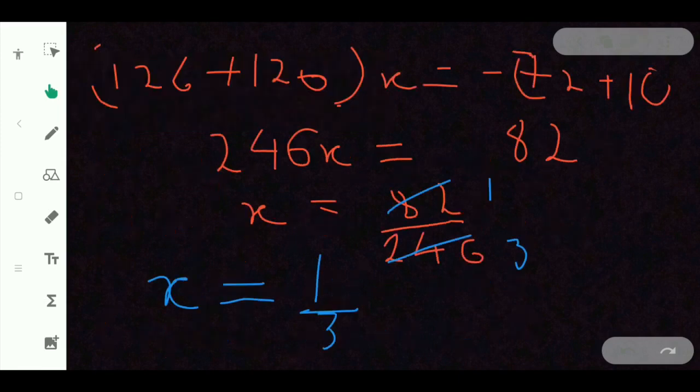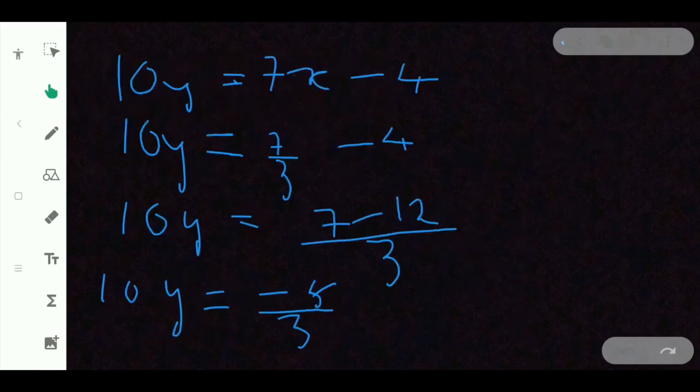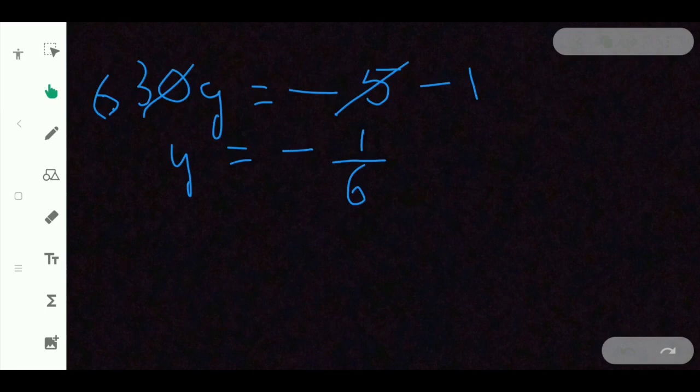So now we are having x is equal to 1 by 3.